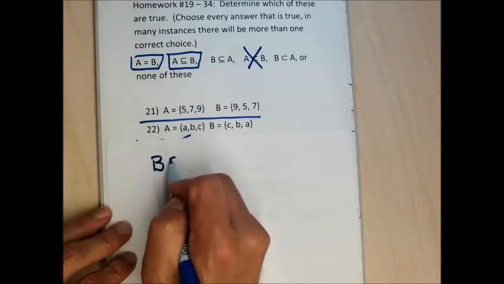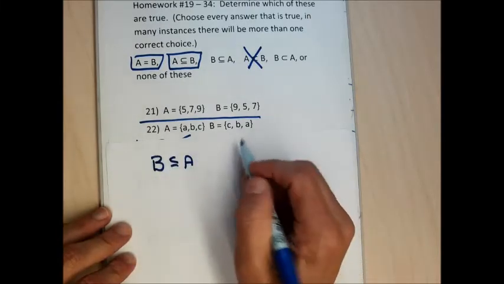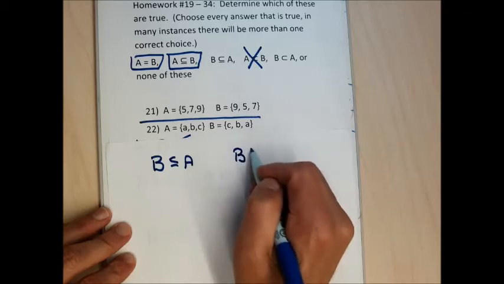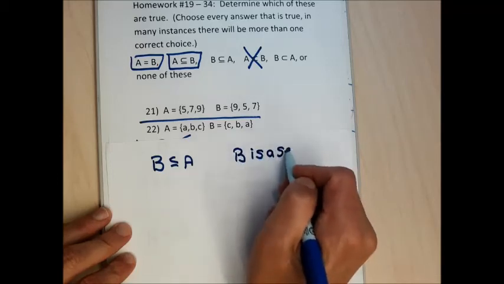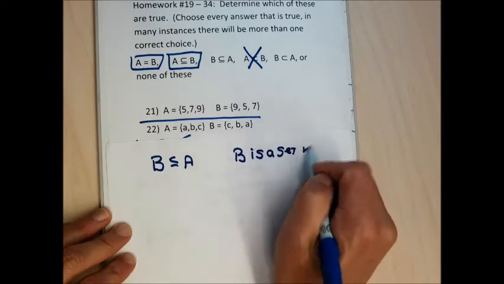For B to be a subset of A, we need two criteria. B has to be a set, and B has set braces, so that's good.